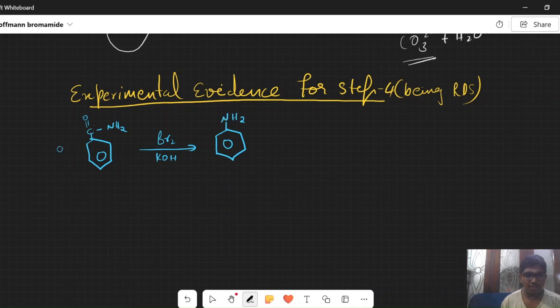This is the first case, A. Second case, we'll consider a para substituted ring with an electron donating group, EDG. We'll consider an ether here and the same species, amide, to give a para substituted aniline.